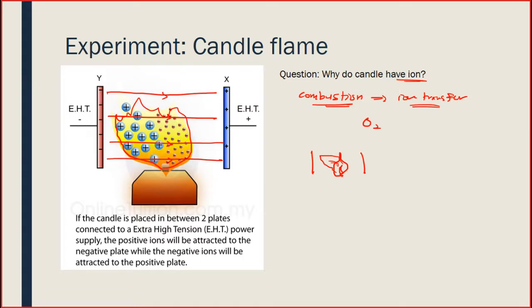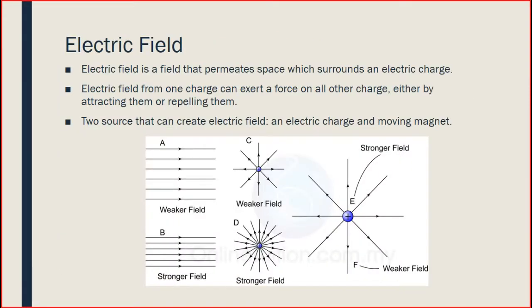All right, so from here, I want you to develop this idea of the electric field. What is an electric field? An electric field is a field that permeates space and surrounds an electric charge.